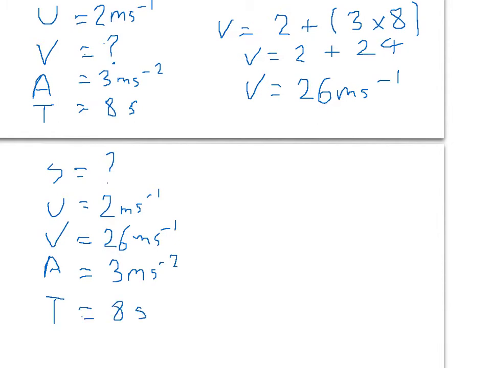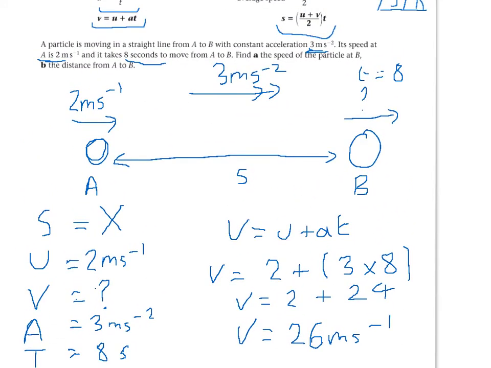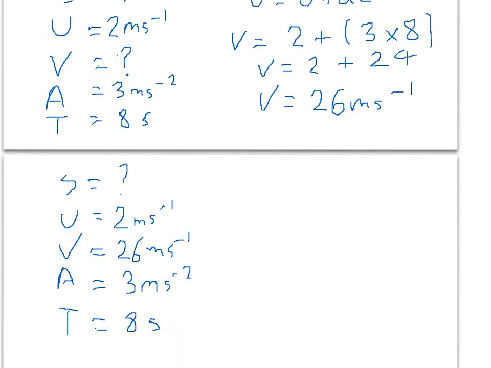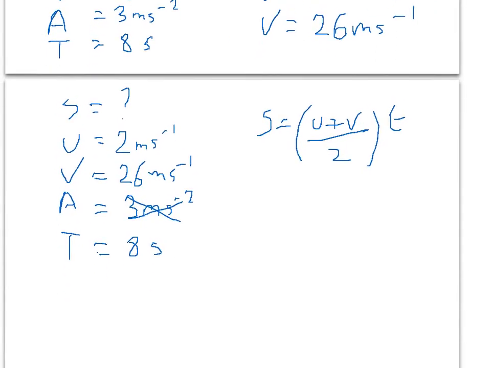Now, we're going to use the third equation given here. S equals, in brackets, U plus V divided by 2, all times T. In this equation, we don't need the acceleration, so we can just cross that one out. Let's plug in what we know.